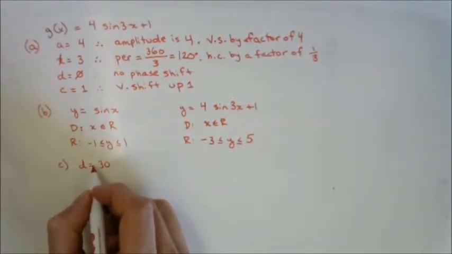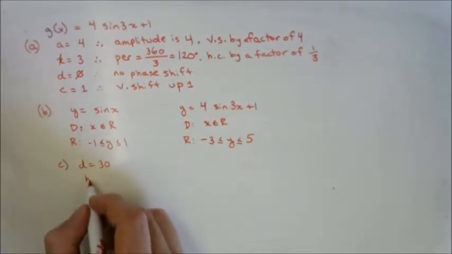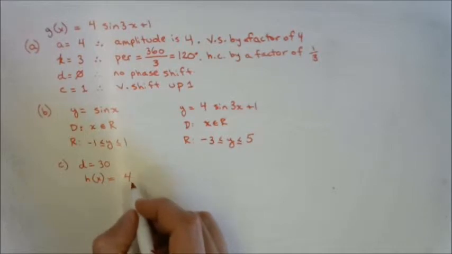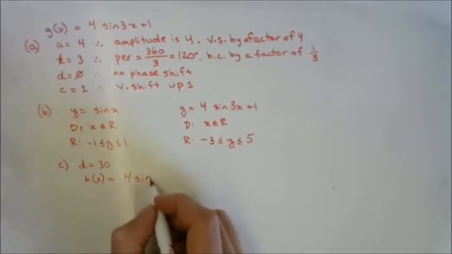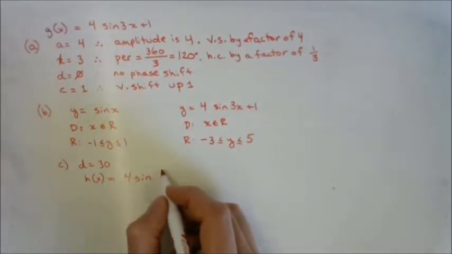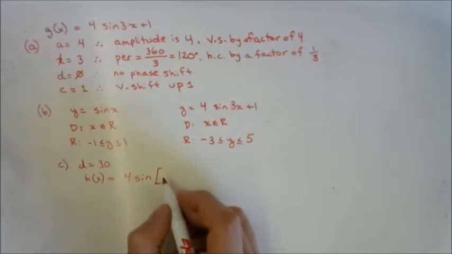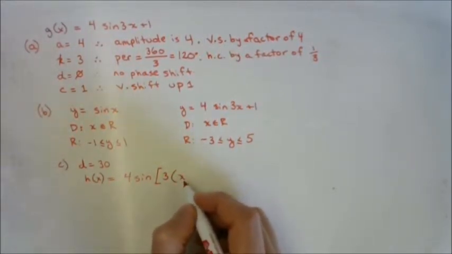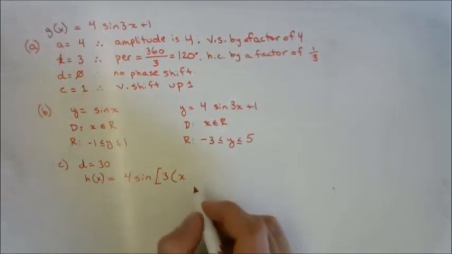So D is 30. So if we were going to rewrite our equation for h of x, A would not change. It's 4 times the sine. And now this is where we get a little bit of a change because we're going to need a square bracket here. Because we have something happening to x. We're shifting x over.